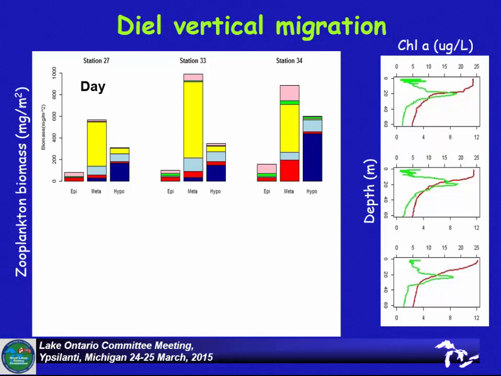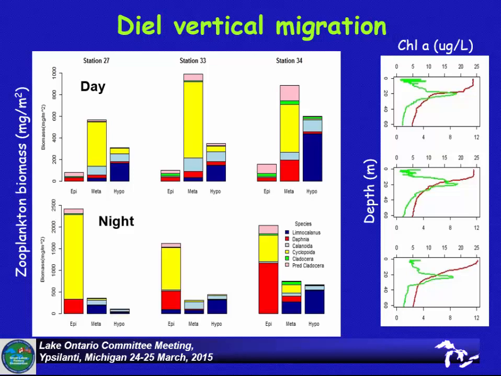Another element to consider in this case is understanding the movement patterns, the day-night differences for active biota, in this case zooplankton. So if we look during the daytime at 3 different stations, basically off the mouth of the Niagara River, during the day there's very little zooplankton biomass in that warm upper strata, and more of it's occurring in this metalimnion, in the mixing layer, or even down deep.